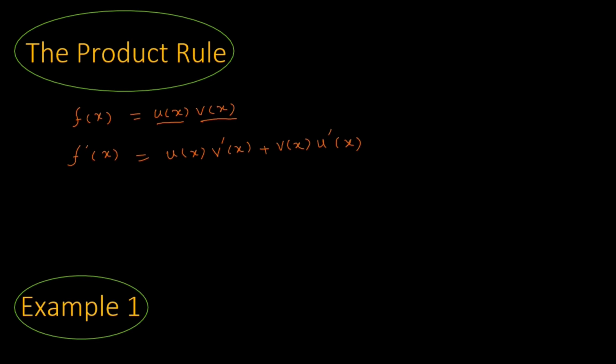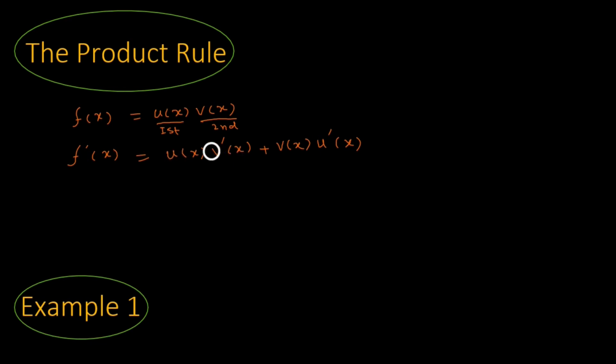So first as it is times derivative of the second, plus second as it is times derivative of the first. This is the way to find the derivative by the product rule.